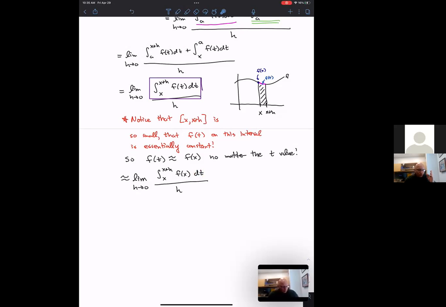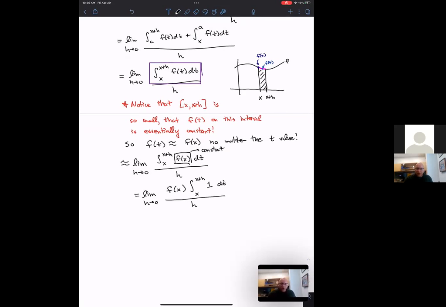I'm going through different values of t, but really I am fixing f of x. f of x is now just a constant. It doesn't depend on t, which means I can pull it out of the integral. So I have f of x times the integral from x up to x plus h of 1 dt, all over h.